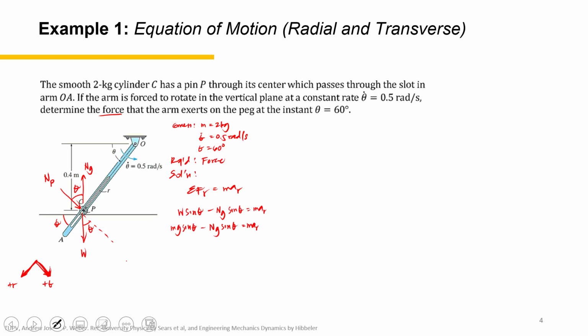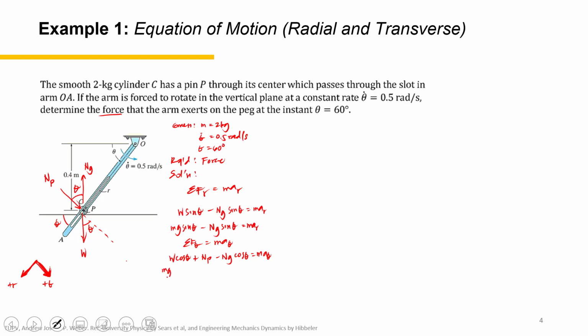Okay, for the summation of forces along the transverse, this is the positive sense. So we have W cosine theta plus N_P minus N_G cosine theta equals m a_theta.